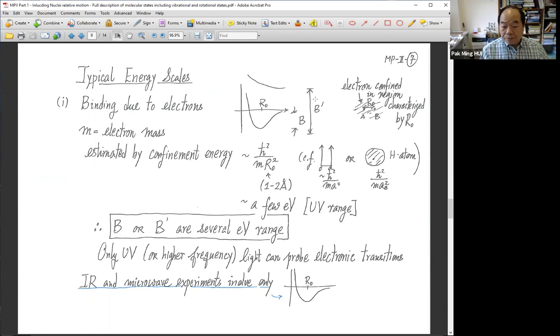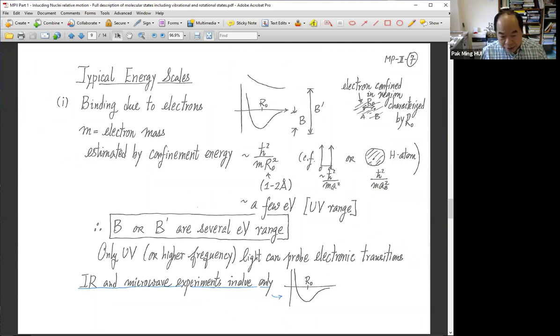So the first thing was already introduced. So what is this? Or even if you want to go to the second curve, you may ask, what is this? But if you think about what is the binding energy, it is easy to get that. It is a few electron volt.